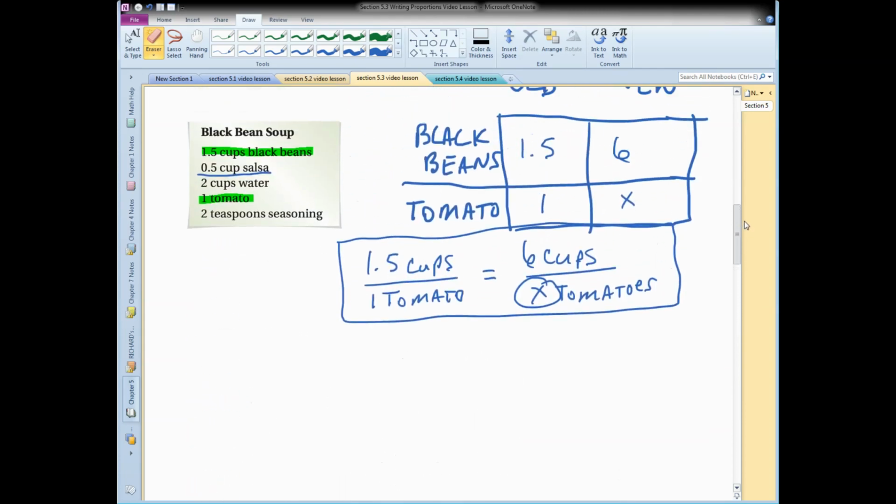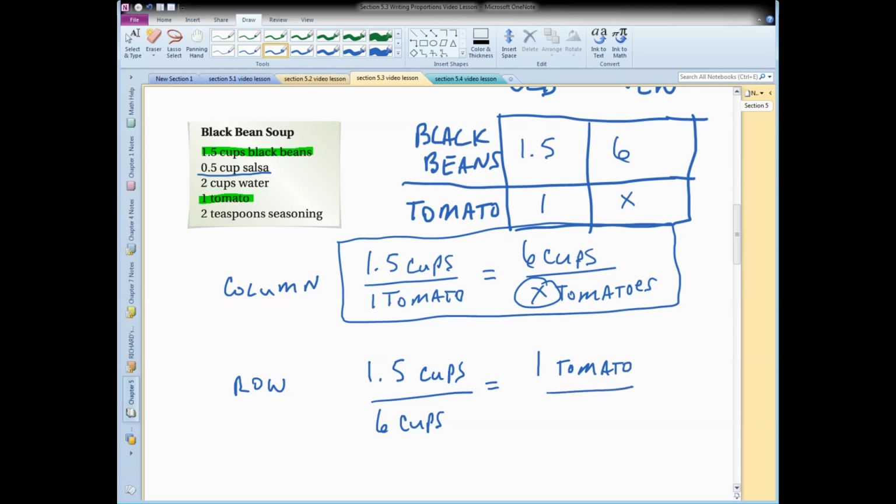Here I used the column method, but let's make a proportion using the row method. I could say 1.5 cups of black beans over 6 cups of black beans should equal 1 tomato over X tomatoes.